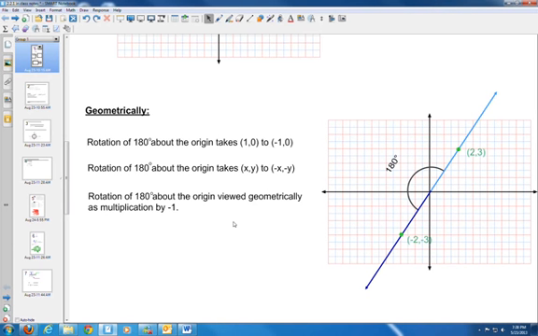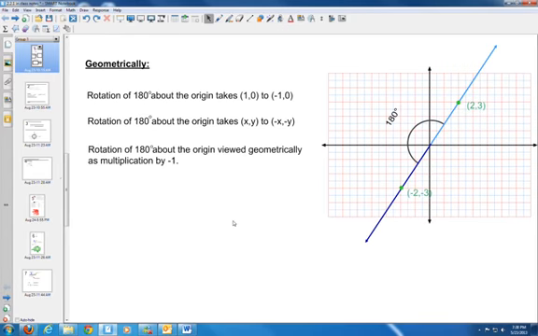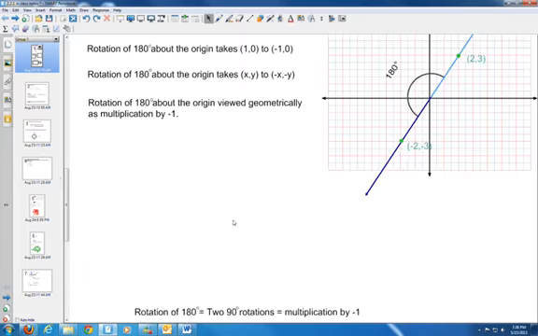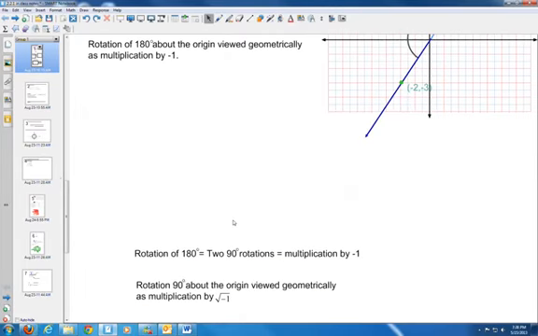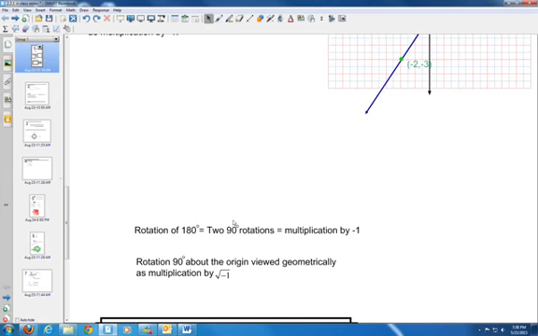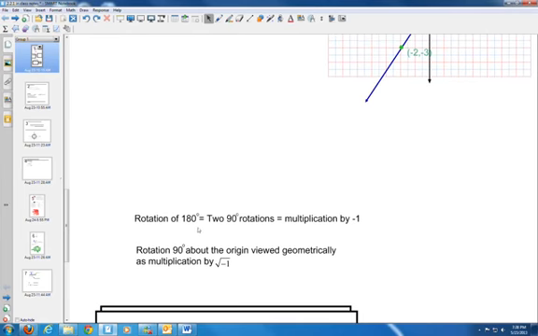So, another way we can think of a rotation of 180 degrees about the origin geometrically is simply multiplication by -1. Using that, we can easily see what we find when we talk about a rotation of 90 degrees.